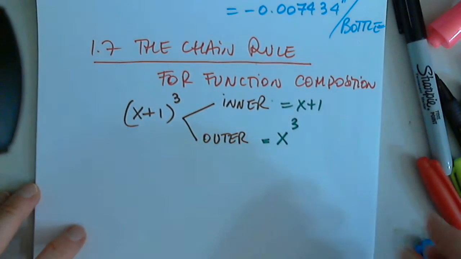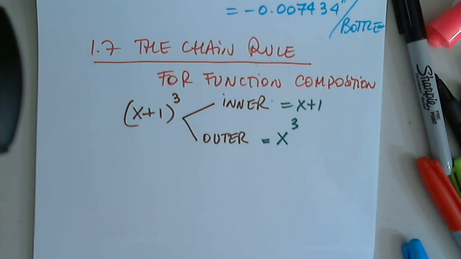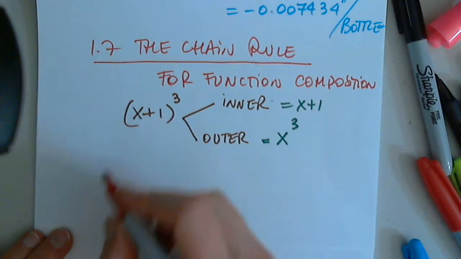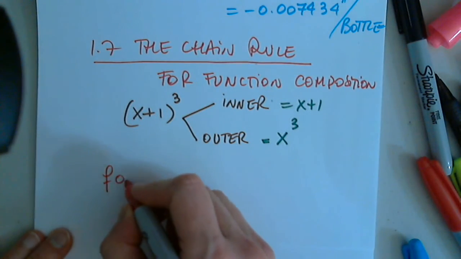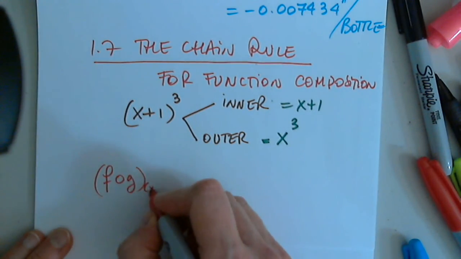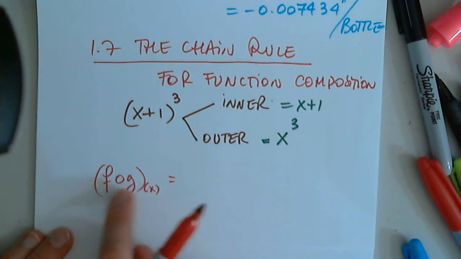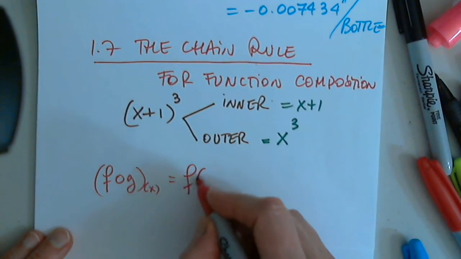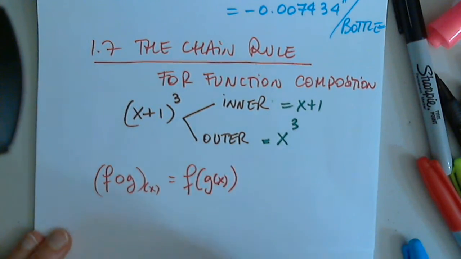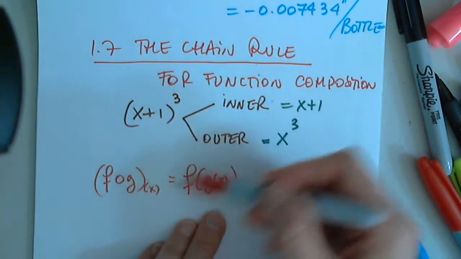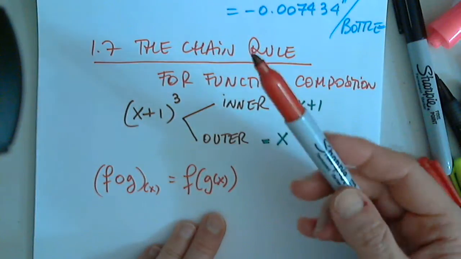So now, because of that, we have what is called the chain rule. In general, we are talking about f composed with g of x, where g is the inner, the closest to x, and f is the outer. f of g of x. So how are these two examples related?